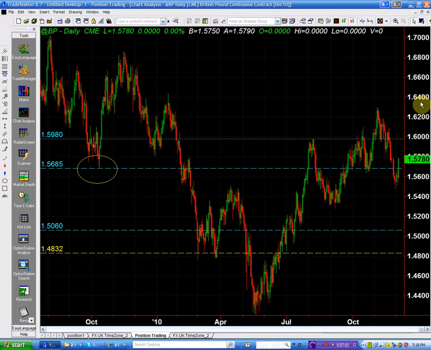What's happening is we had a major decline in the dollar on Friday as a result of the unemployment numbers. We had the big sell-off in the dollar, and therefore you see the big buying, or short covering, coming into the pound. You also see some short covering coming into the Swiss franc.